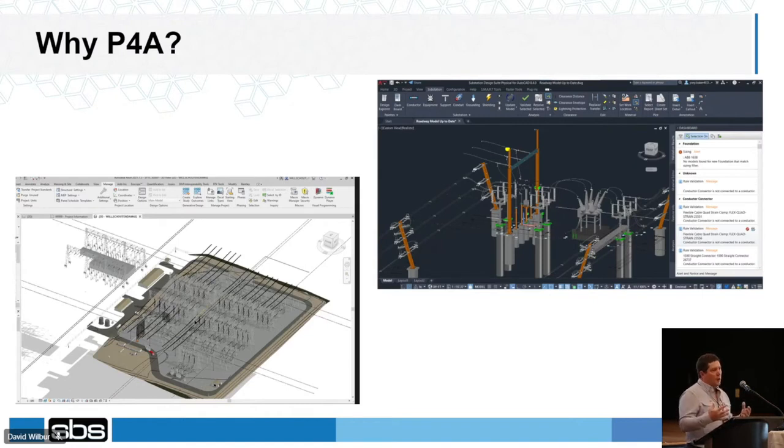If you've been around the AutoCAD environment a long time, you may have some legacy thinking that AutoCAD is really not a platform that is capable of handling genuine 3D modeling capability.